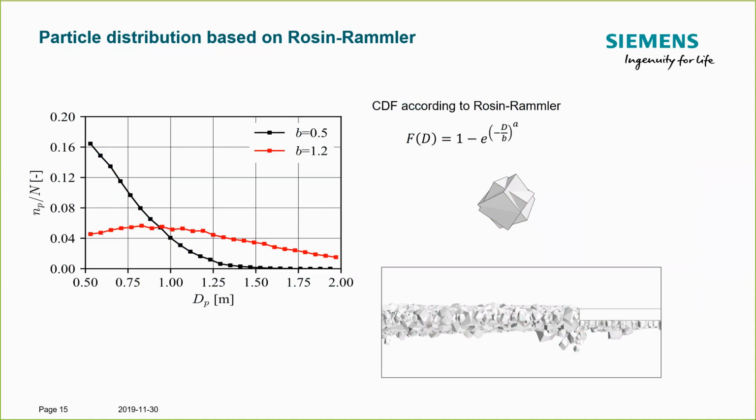And with the other distribution, you have a more uniform distribution in terms of the amount of particles at a certain diameter between, let's say, 0.1 and 5 meters. So generally speaking, you have a lot more larger or medium-sized particles than smaller particles. And the cumulative distribution functions that go with it are depicted here on the left-hand side.